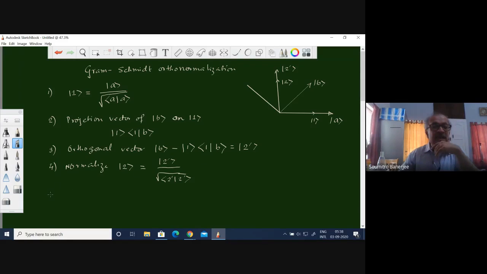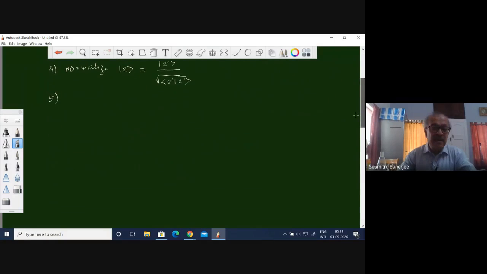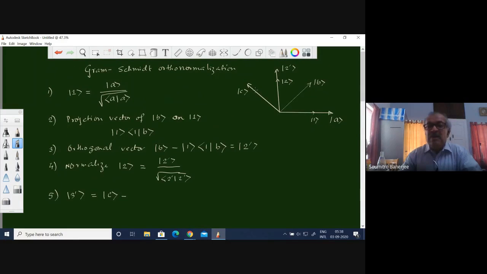And then we do exactly the same thing for the third vector, which is the vector C. If you take the third vector, then you have to do it exactly the same way. So for your e3 prime, I'm not illustrating now because you already know the process, we have to subtract from the vector C the projection onto e1 as well as the projection onto e2.